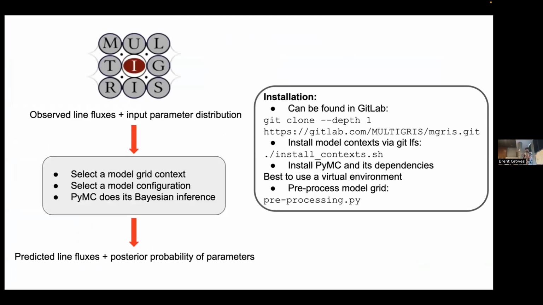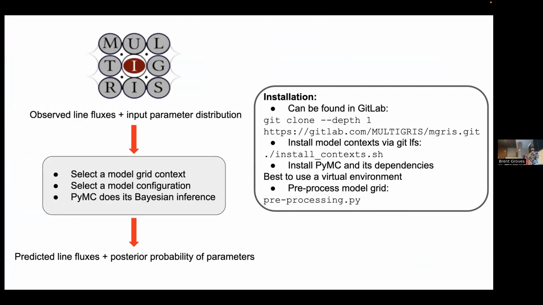So what is multigris? This is a script that takes as input observed line fluxes as well as prior parameter distributions, which you can predict or guess.